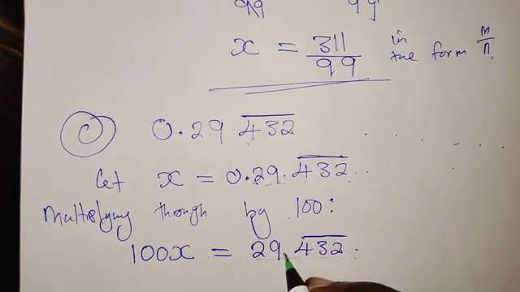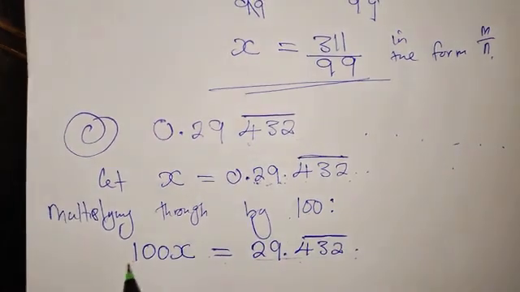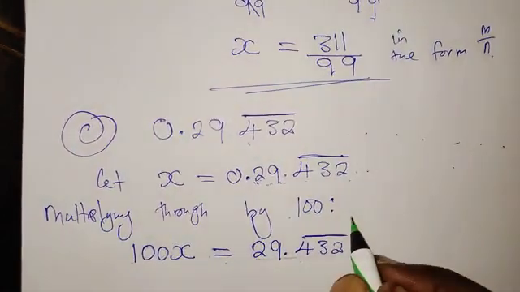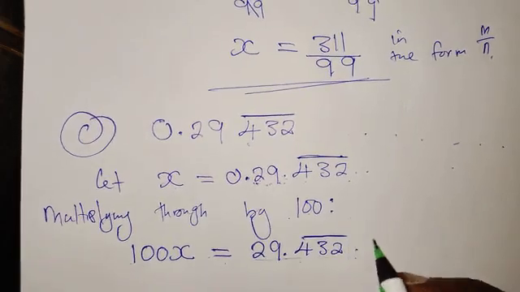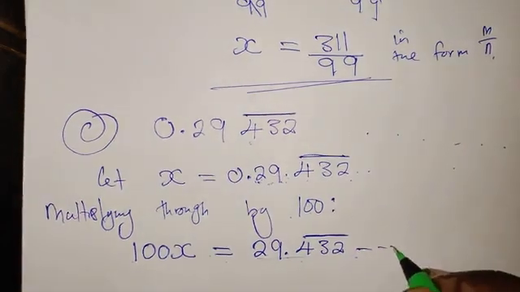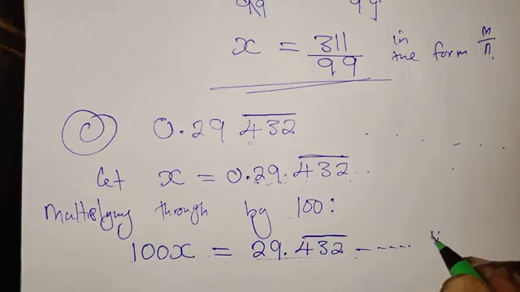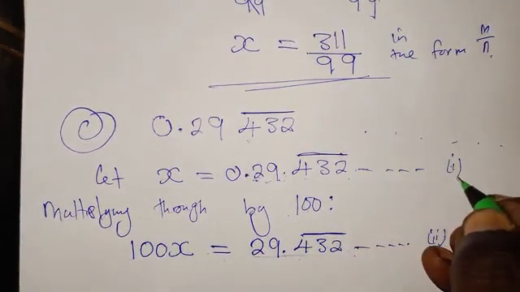The only way my point will move until this end is if the 100x is multiplied by 1,000. So this one can be my expression 2, because my x here was my expression 1.